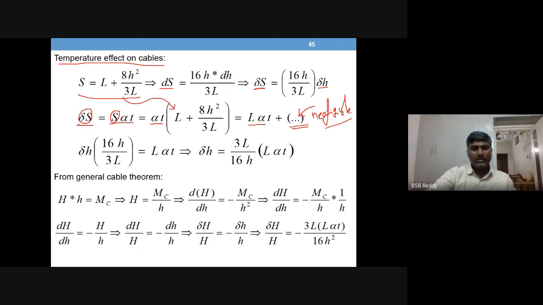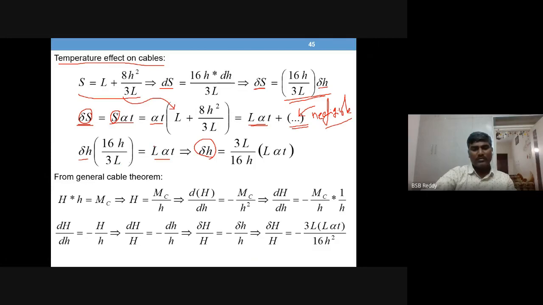So delta S finally you can write as L alpha T. Substitute delta S: delta H into 16H by 3L is equal to L alpha T. Now finally, what is delta H? The change in sag is equal to delta H.